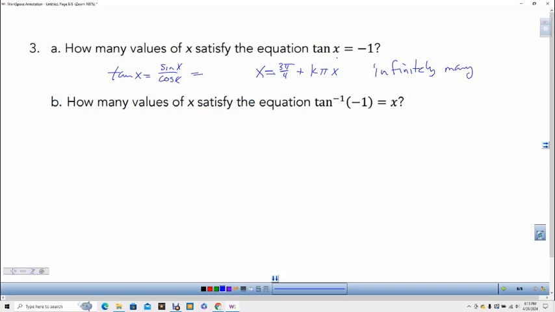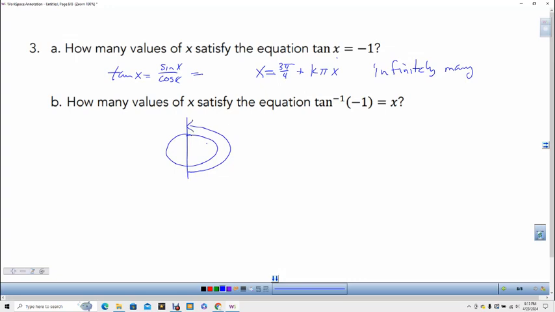Now, how many values of x satisfy the equation inverse tangent of -1 equals x? Well, remember, for tangent x, we're still limited to just from -pi over 2 to pi over 2.